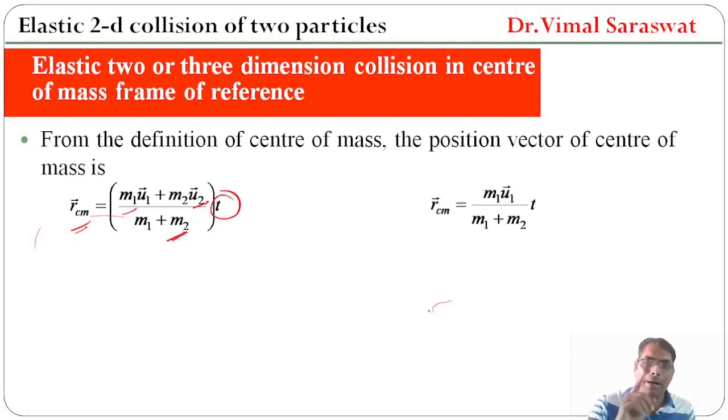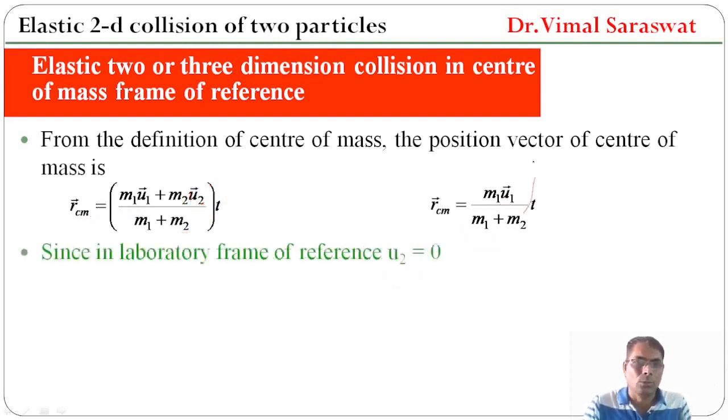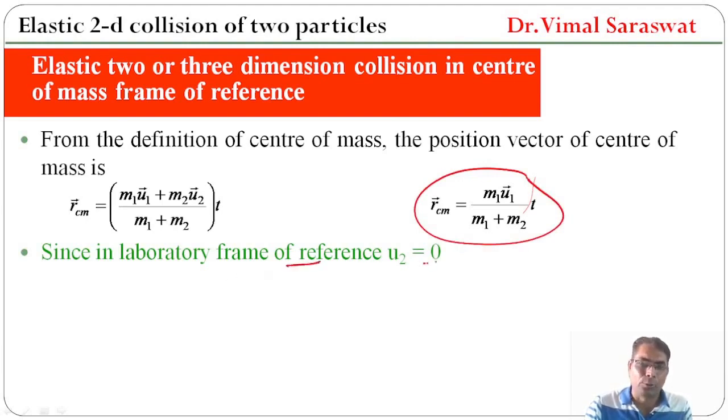Since particle having mass m2 is constant in laboratory frame of reference, so u2 equal to 0. So RCM is equal to m1 u1 upon m1 plus m2 into t, because we consider here that the particle of mass m2 is constant or is at rest in laboratory frame of reference. So we got RCM this value, because in laboratory frame of reference u2 equal to 0.